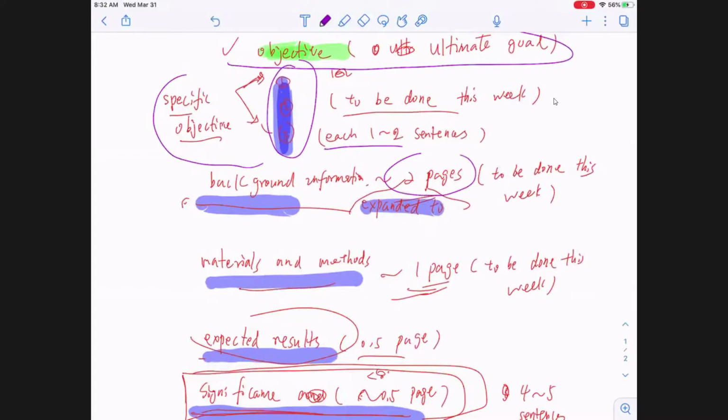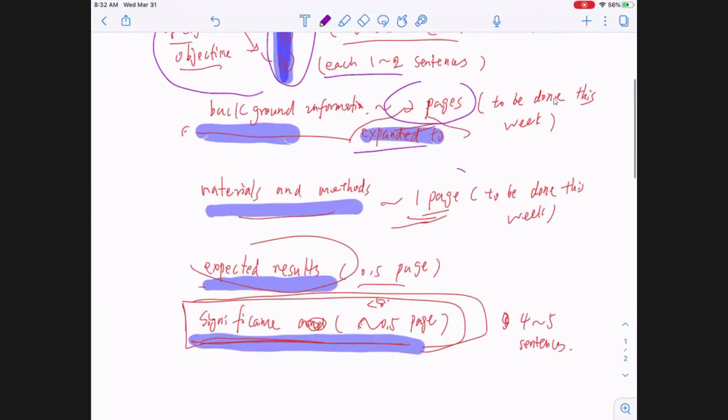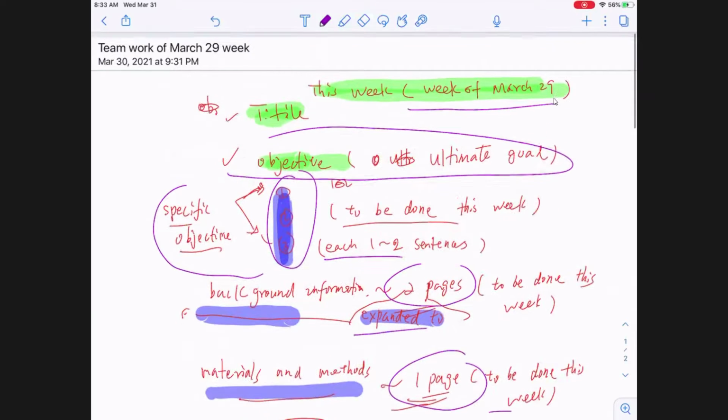For the background information, please expand to 2 pages. For materials and methods, I need 1 page, also this week. Please put in a little expected results, half a page, and the significance, around half a page.